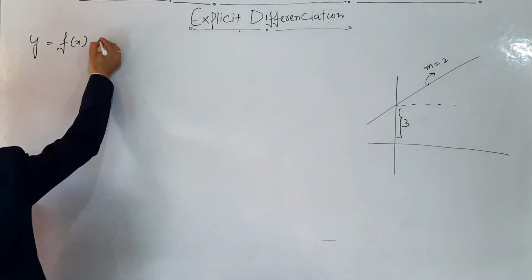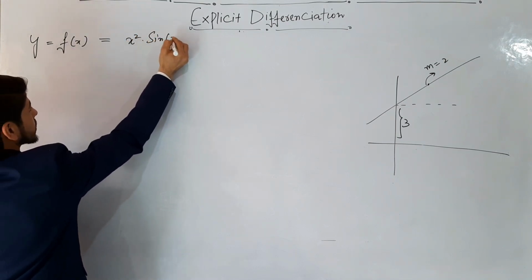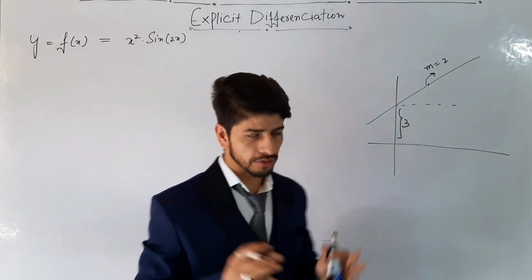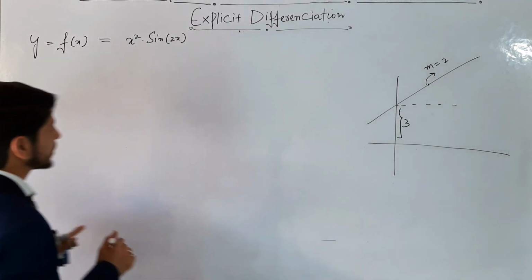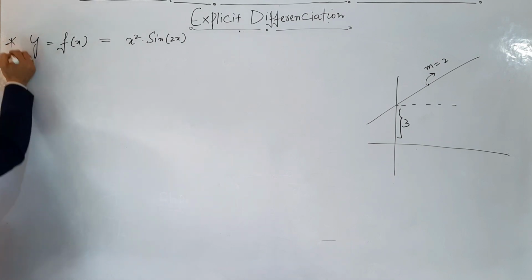Suppose y is x square into sine of 2x, and we want to find the slope, the gradient of that function. We will simply differentiate this function. After differentiating, what will be the answer?